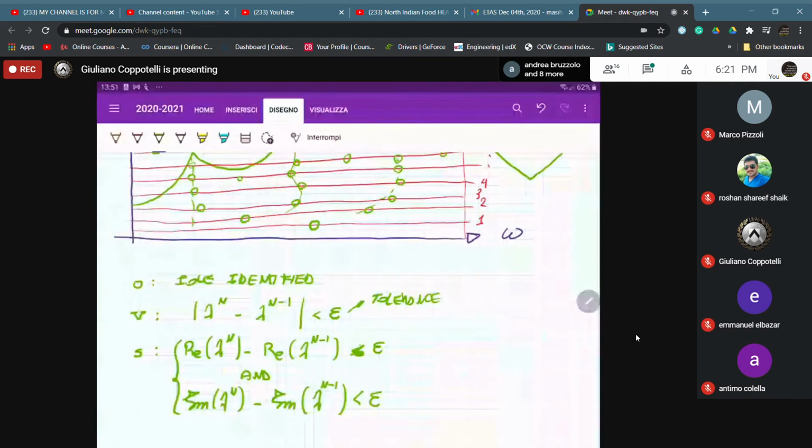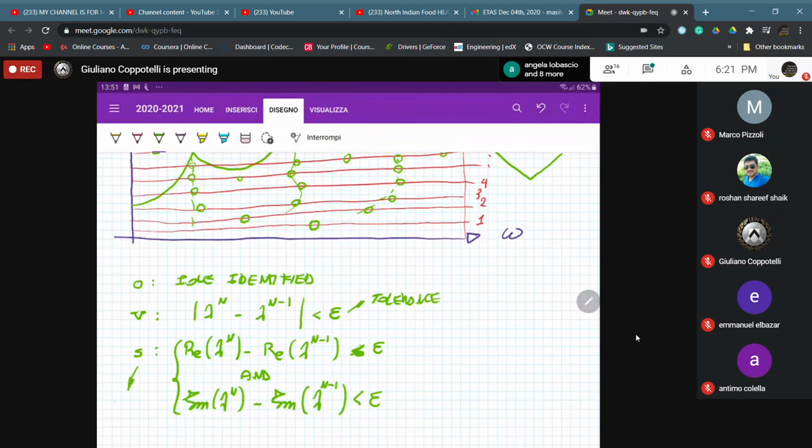Okay, that is what we call a stable pole.